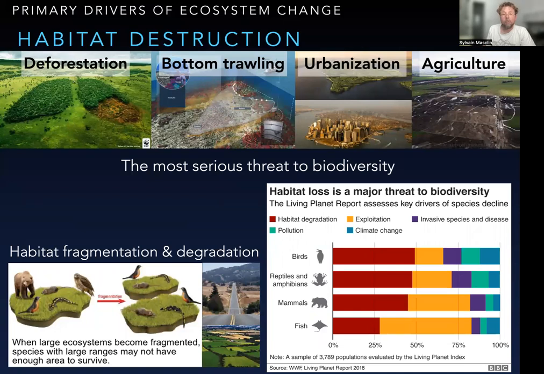Another way, instead of just taking the place of the habitats of those species, that we degrade their habitat is by what we call habitat fragmentation, which is like, for example, placing a street or building a road.